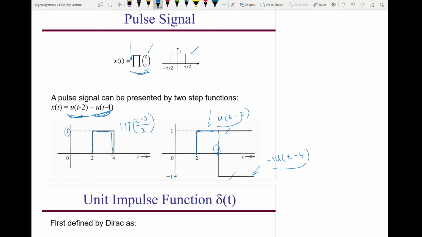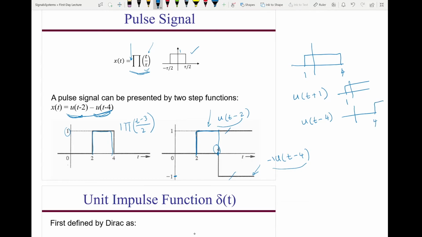If I have this pulse, this will consist of a unit step function shifted to the left by 1 unit, so that will be this, all the way to 4, plus a unit step function shifted, or I can say instead of plus and minus, if I have another unit step function shifted to the right by 4, it starts here.